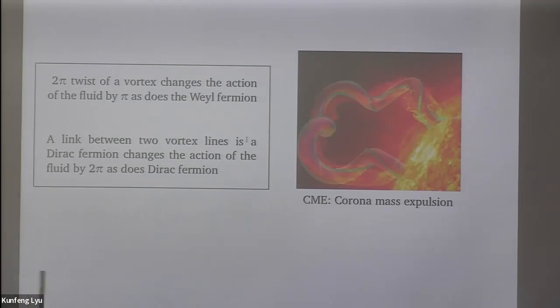By this I mean that if you compute the action of this process, this is a simulation, but it's real, taken from astronomical data. If you see this twist drawn, it's always twisted. If you take the action of this plasma before the coronal mass ejection and after, the difference in this action will be the number of twists times pi times the circulation of the vortex around the vortex, which is precisely what we mean by Fermi.